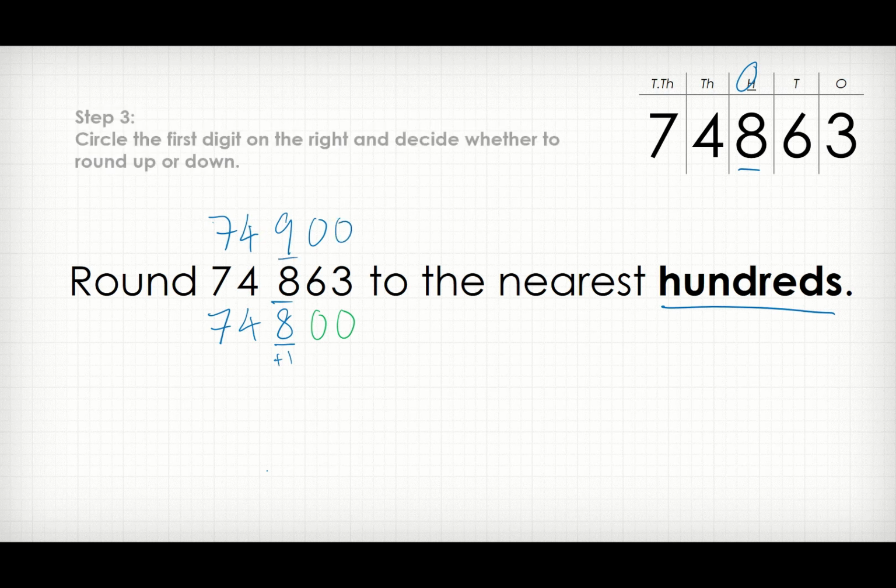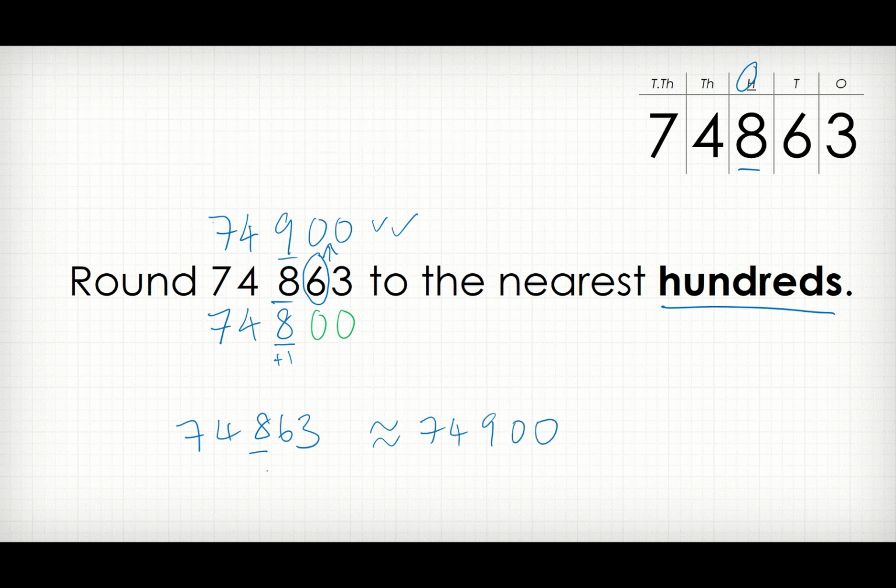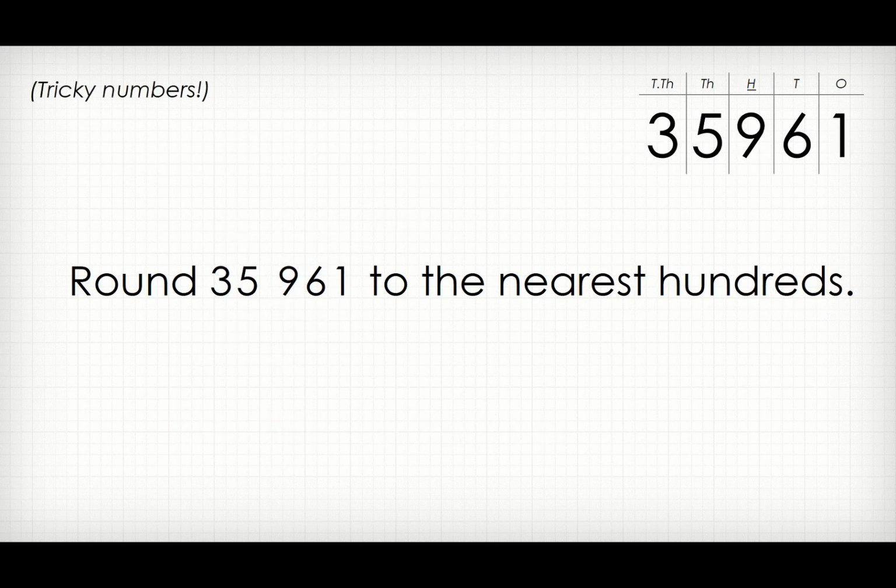The final step, circle the first digit on the right. 6 tells me I should round up, so this is the correct answer. Therefore, 74,863 when rounded to the nearest hundreds would give me 74,900.